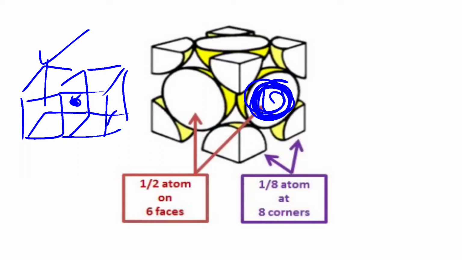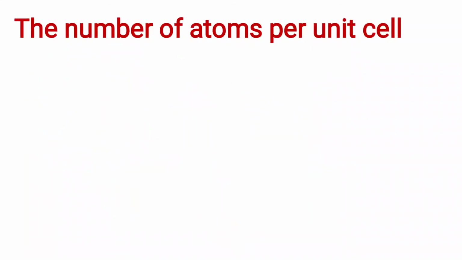Now I have taken only one face and a constituent particle. It is getting shared between 2 unit cells. So only half portion of that atom really belongs to a given unit cell. That's why we could take half of the atom, right? Half of the atom.